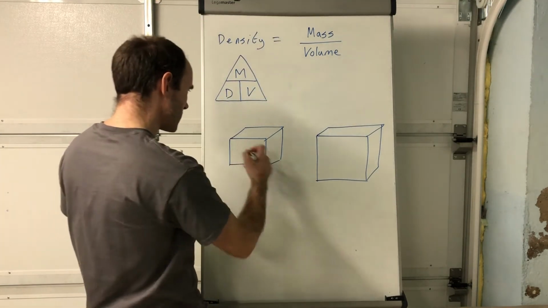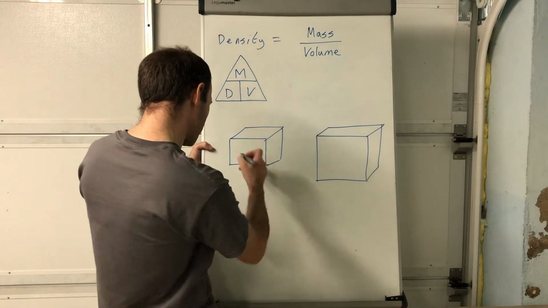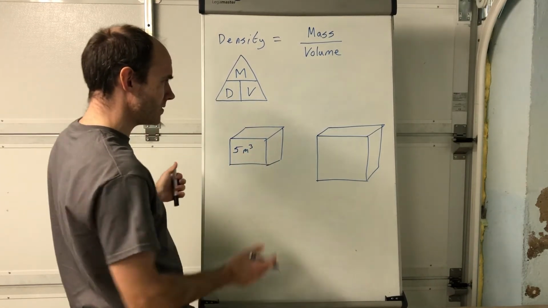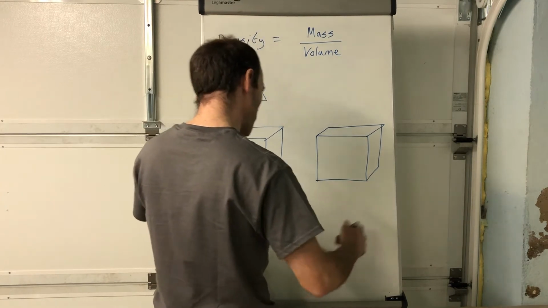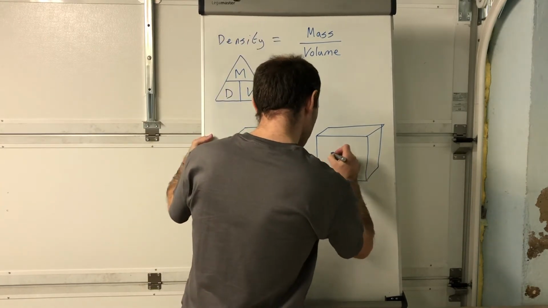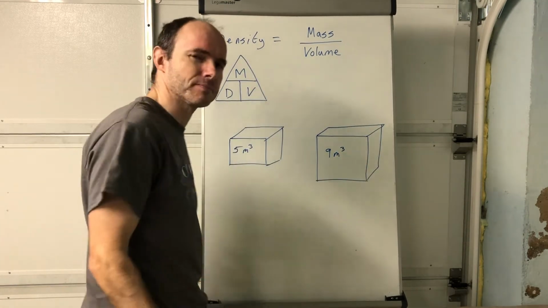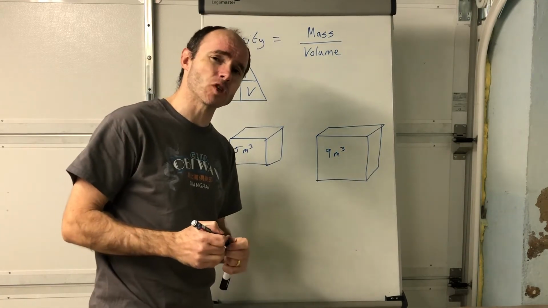So this one here, I'm going to call 5 metres cubed. And this one here, I'm going to call, it doesn't really matter to be honest, 9 metres cubed. I'll give you the mass of each object as well.